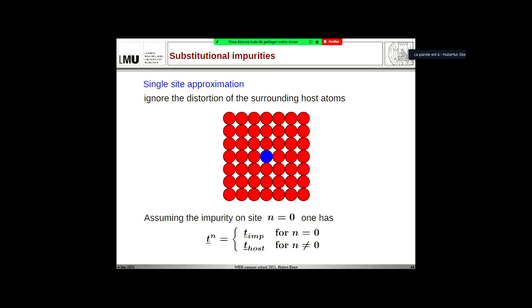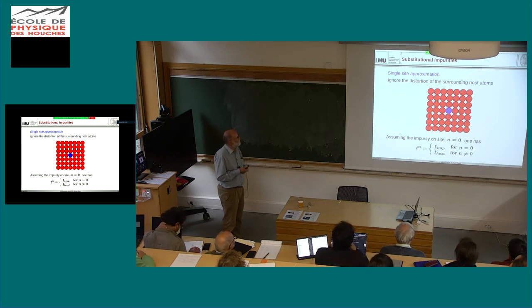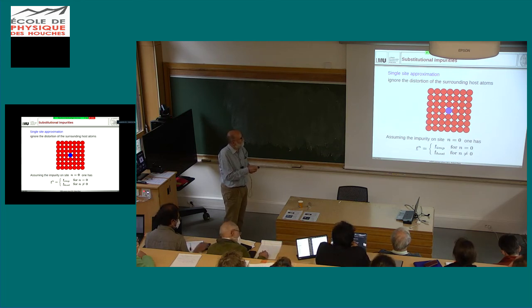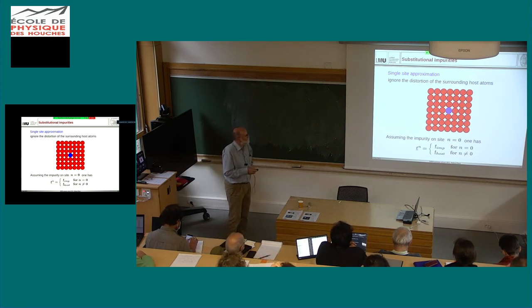Now, the nice thing with Green's function technique is that you have available the Dyson equation. The most simple application would be that you have calculated for an ordered solid the corresponding Green's function, and now you replace one of the atoms by another type of atom, the blue one.